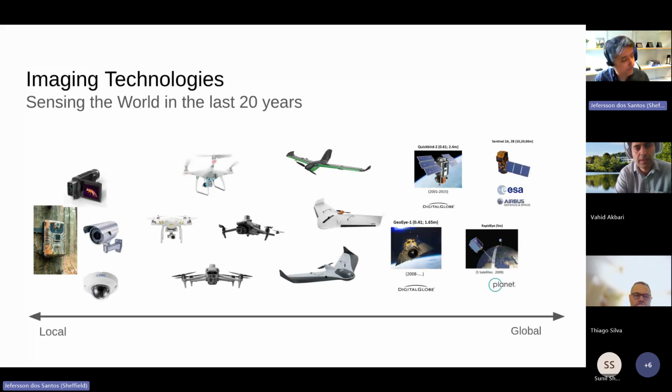So yeah, we've seen over the last 20 years a huge evolution in imaging technologies. In this slide, I try to organize this between global and local because I think it helps to connect better with the development of artificial intelligence as well, because the first area impacted by artificial intelligence's recent development was computer vision.